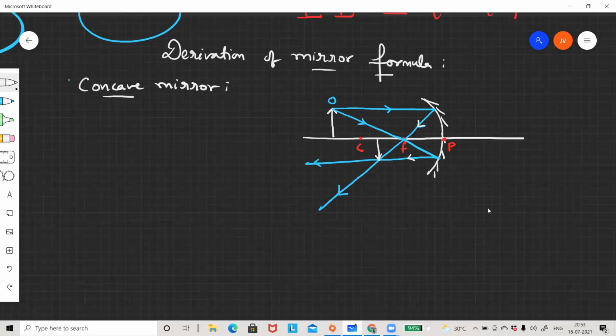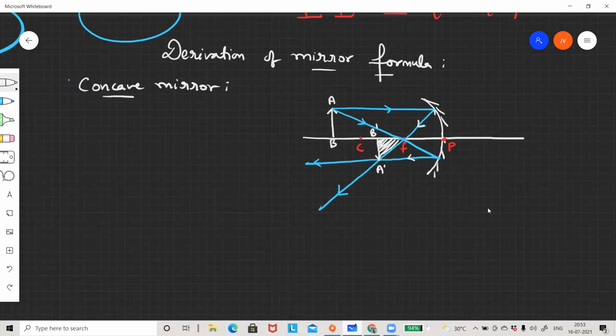So here how we prove it. For that, consider the object is AB and the image is A prime B prime. Take care. So we will consider, achha, this is a concave mirror, but concave mirrors are not so much cave-like.